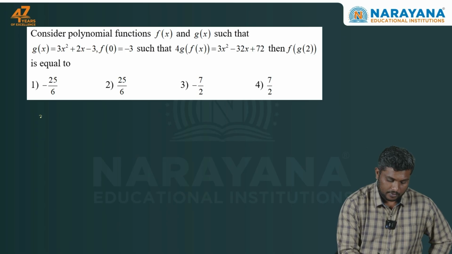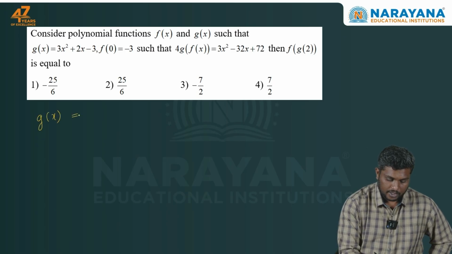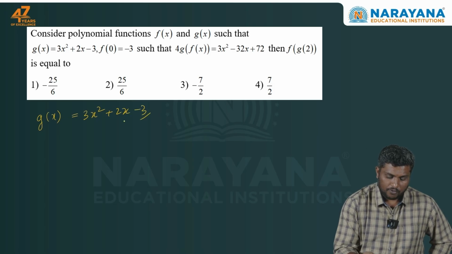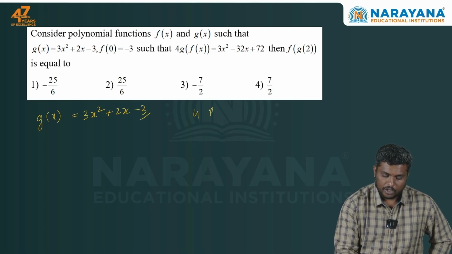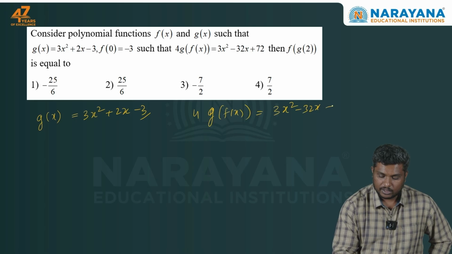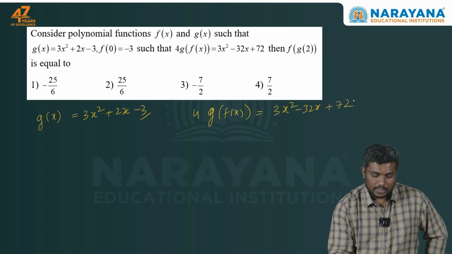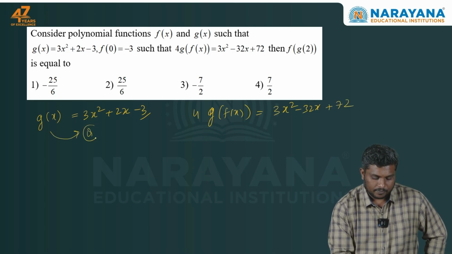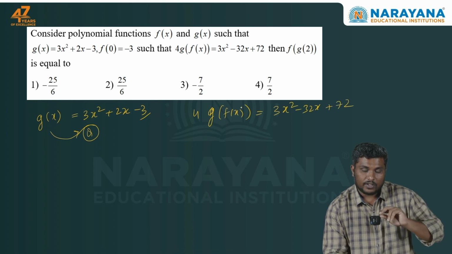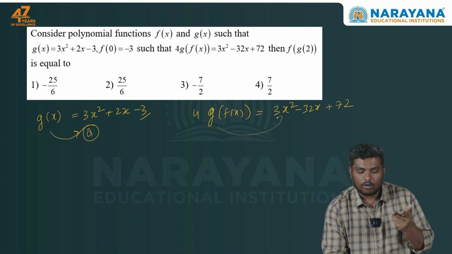g of x is equal to 3x square plus 2x minus 3. More of fundamentals guys here. 4 into g of f of x is equal to 3x square minus 32x plus 72. Guys, see, g is a quadratic, and see guys, after putting f of x, g is still quadratic.